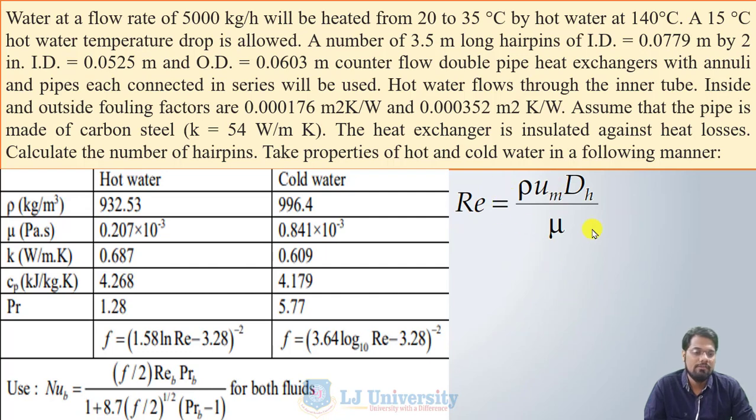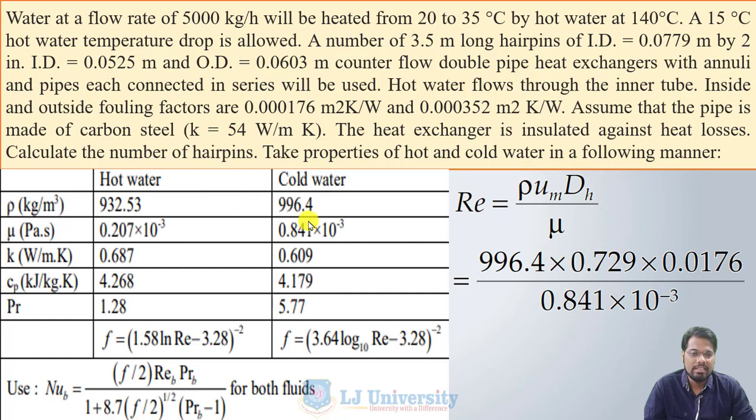Now we can easily find the Reynolds number by putting in the density, 996.4, the velocity we have just found, 0.729, and the hydraulic diameter, 0.0176. Now μ, the viscosity, is 0.841 × 10⁻³. Solving this, we get a Reynolds number of 15201.